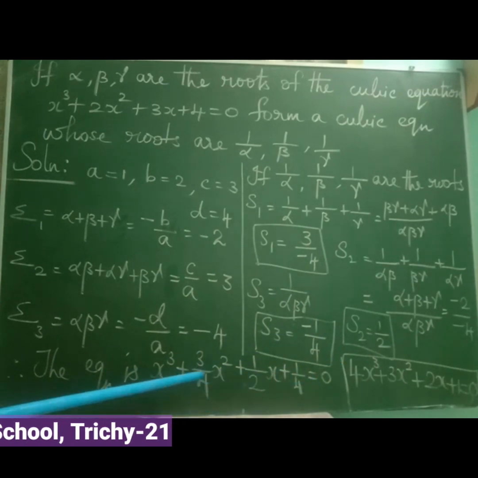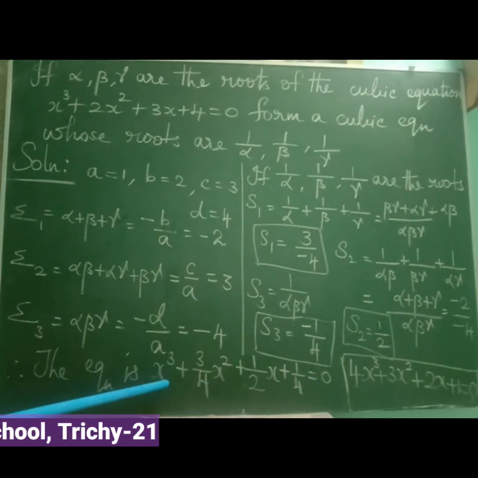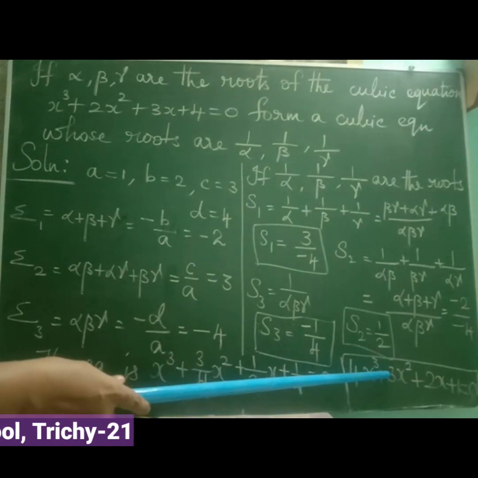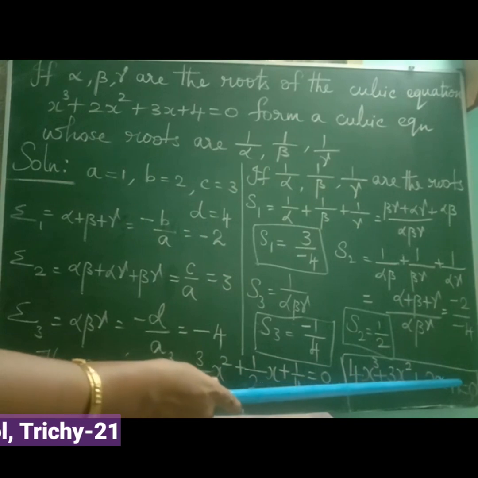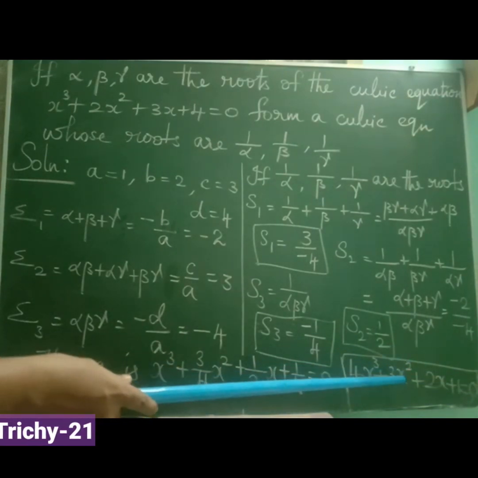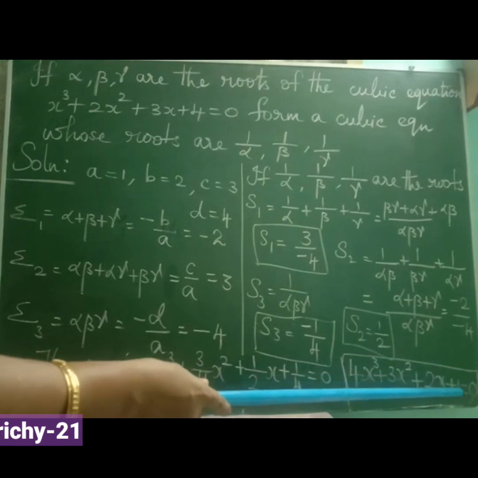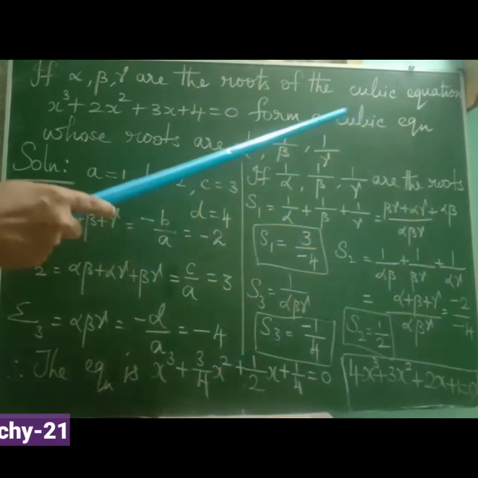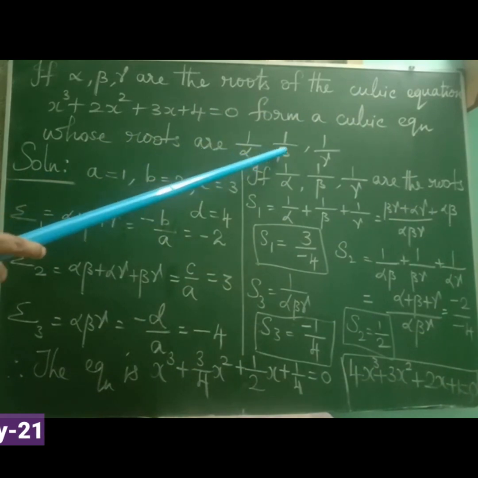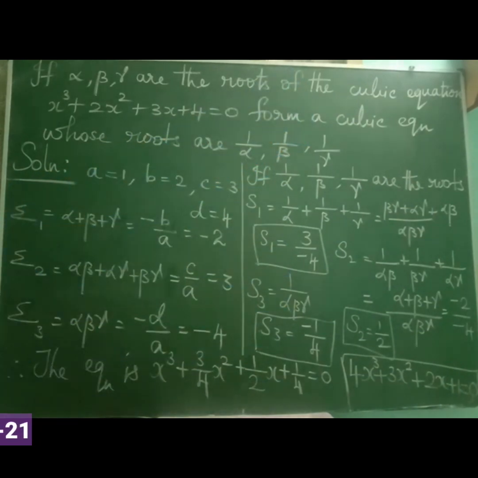Taking 4 as LCM, the equation can be written as 4x cube plus 3x square plus 2x plus 1 equal to 0. Therefore, 4x cube plus 3x square plus 2x plus 1 equal to 0 is the required cubic equation whose roots are 1 by alpha, 1 by beta and 1 by gamma. Thank you, students.